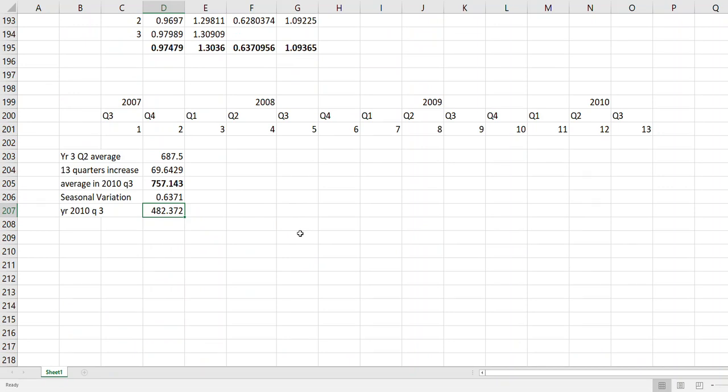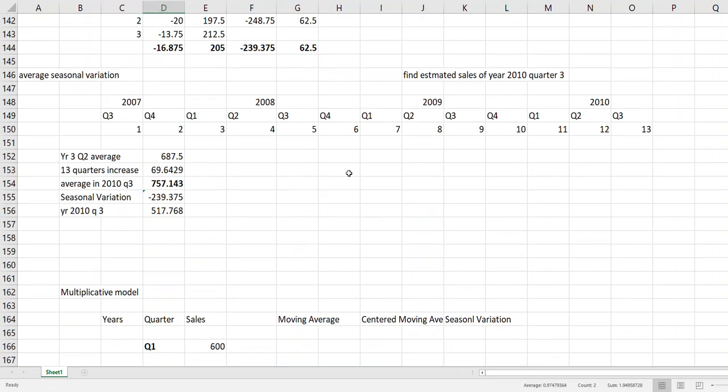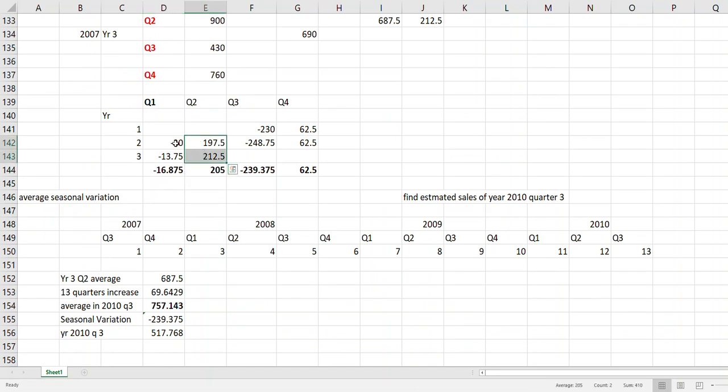Multiplicative model is superior because it shows a percentage. If you look at the trend as a percentage, you can see the data is very similar. If you look at the actual figure, there is a big difference, especially in this one and in this one.